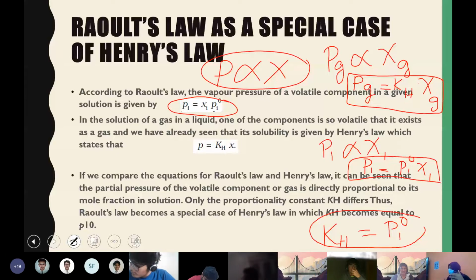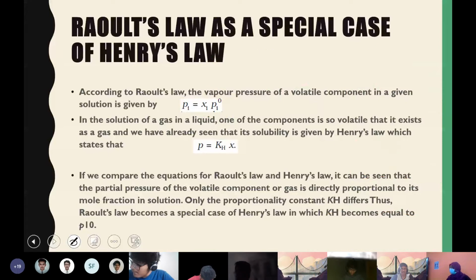Partial pressure of vapors inside the liquid solution, that is Raoult's law. So the only thing is a slight change in the condition. Other than that, both of them are defining in the same way. That is why we can say that Raoult's law is actually a special case of Henry's law.